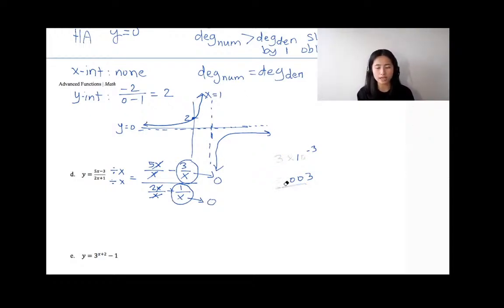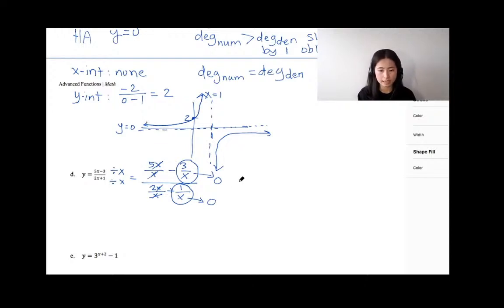So that's why when the degree of your numerator is the same as the degree of your denominator, your function has a horizontal asymptote, and the ratio is based on your a and your c. Does that make sense? So that's your horizontal asymptote.